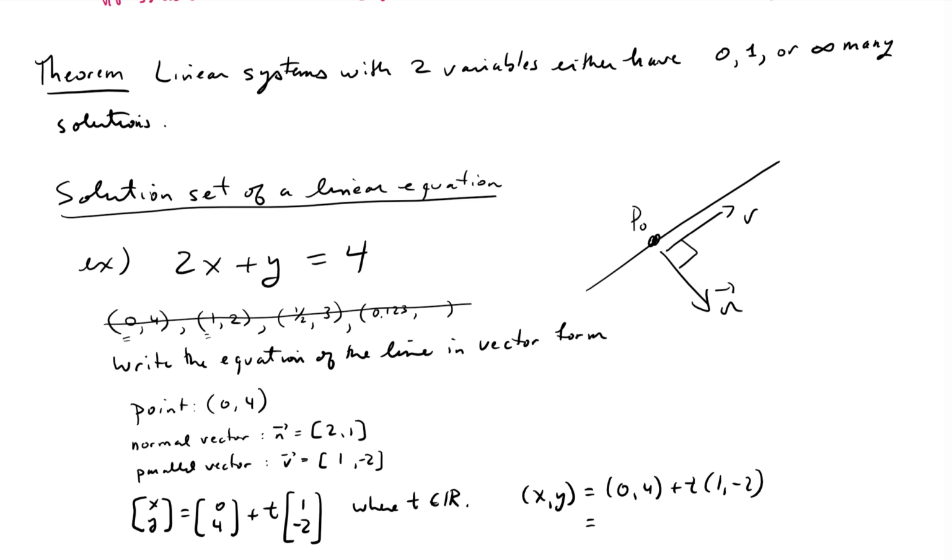I could regroup everything together. That's also possible, right? (0, 4) plus (t, -2t), and finally put everything together. So this is (t, 4 minus 2t). So this is how I could write it down as well. Okay, it's also still understood that t is some real number.